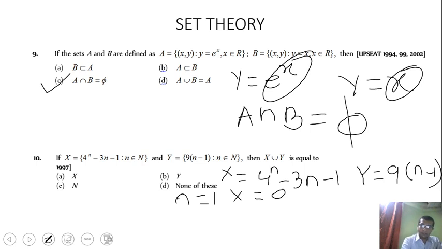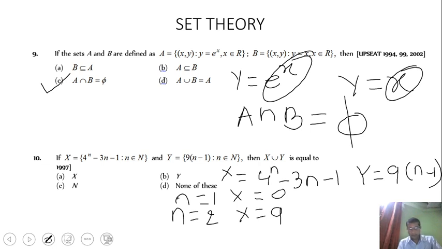In the next step I take n equal to 2, then we get x equal to 4 squared, 16 minus 2 into 3, 6, minus 1, 16 minus 6 minus 1 gives us 9, and if we take n equal to 3 we get 18.